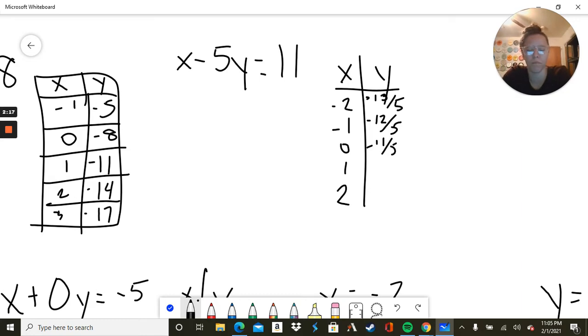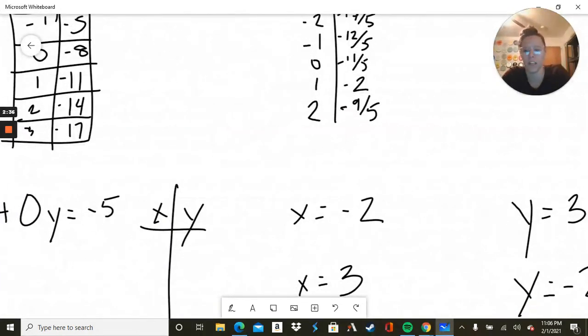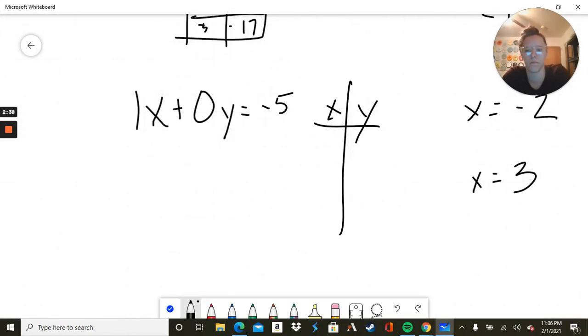We have 1, subtracted is 10, divided by negative 5 is negative 2, and 2, so 11 minus 2 is 9, divided by negative 5 is negative 9 over 5, okay?